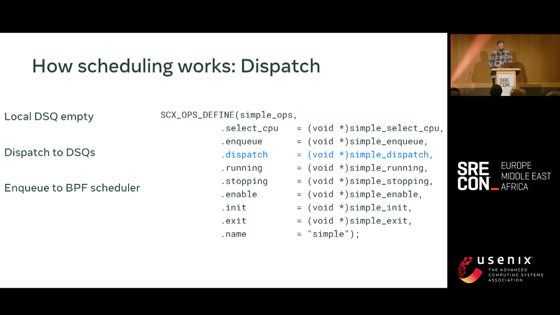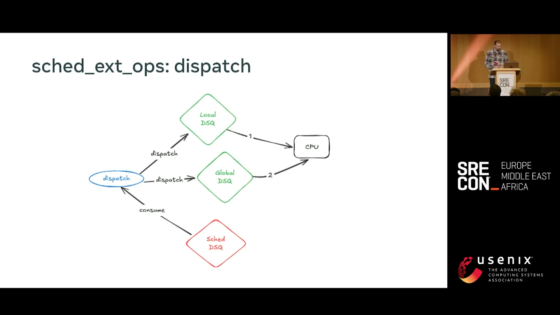I think I duplicated this slide. Sorry about that. Right, so when dispatch is called, we can once again dispatch into our DSQs, our local or global DSQ, or we can consume from our scheduler-specific DSQ. That means you're consuming tasks that were enqueued previously during enqueue, and you're consuming those during dispatch.